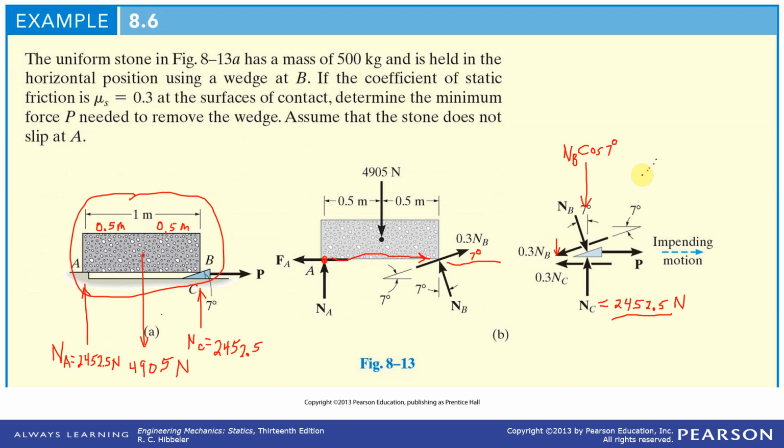So we're going to get 0.3 NB cosine 7 degrees, and I'm going to write it up here. And that is going to be in the negative direction. And then we have an NB sine 7 degrees.